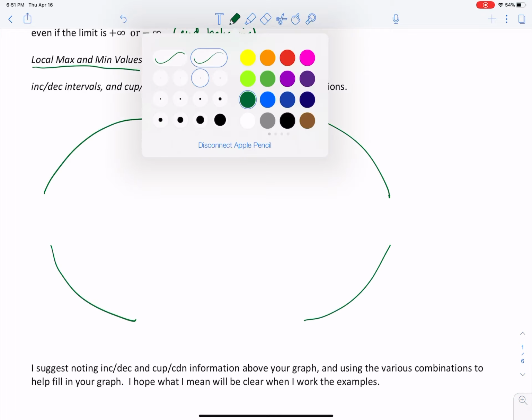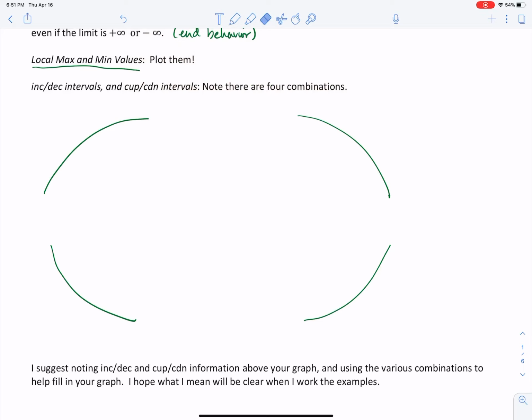So let's remind ourselves of what combination we've got here. This is increasing and concave down. This is decreasing and concave down. This is decreasing, concave up, and finally increasing and concave up.